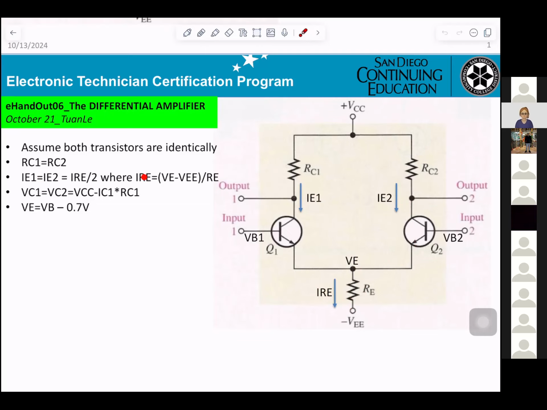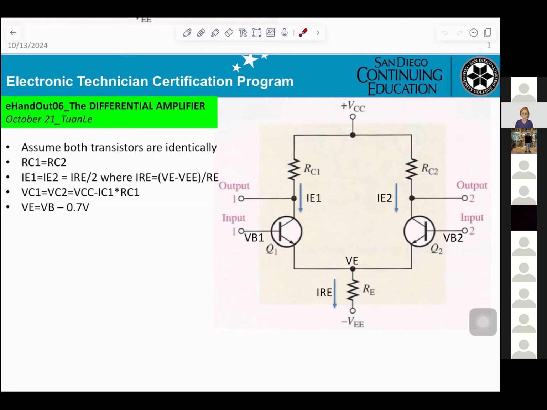And IRE equals VE minus VEE, divided by RE. VC1 equals VC2. VC equals VCC minus IC1 times RC1.